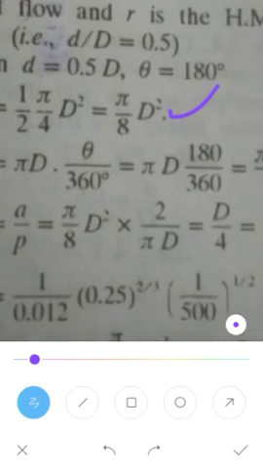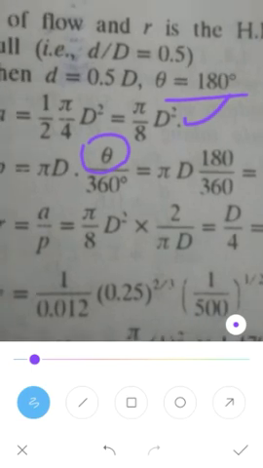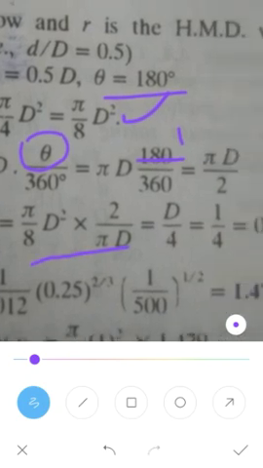Substitute the theta value directly, 180. So 180 ones are 180, twos are 360, so it will become pi d divided by 2. That's what has been written here: the wetted perimeter is reduced to pi d divided by 2.